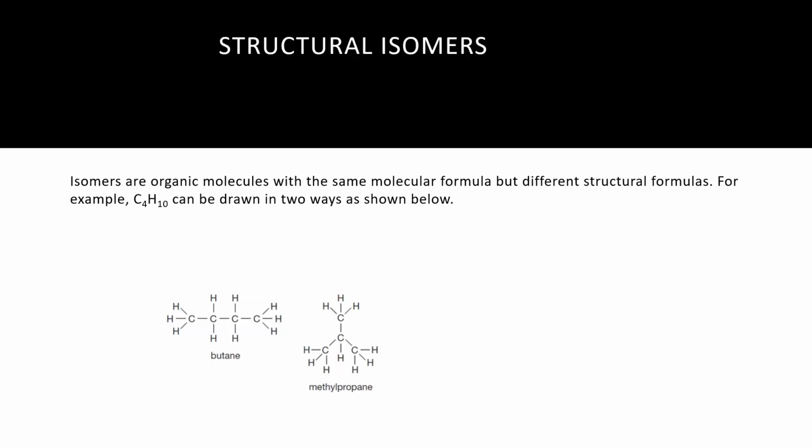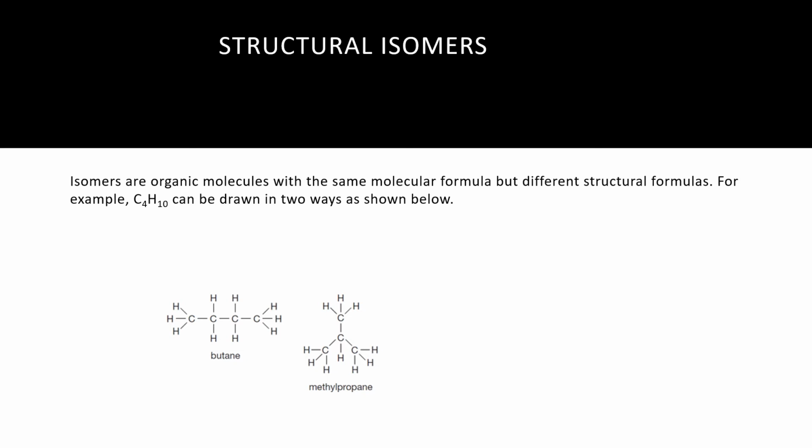Okay, structural isomers. What do isomers mean? Isomers mean the same molecular formula, but different structural formulas. Because of this structure change, their shape changes, and they have different chemical properties, even though their molecular formula is the same. So one thing we can say, butane and methyl propane, they both have the same formula.